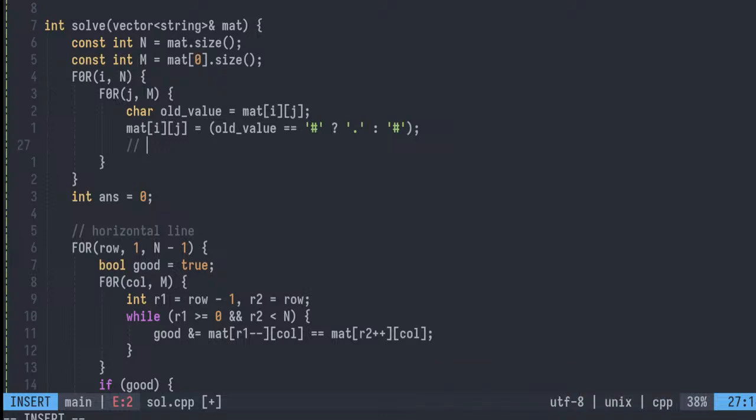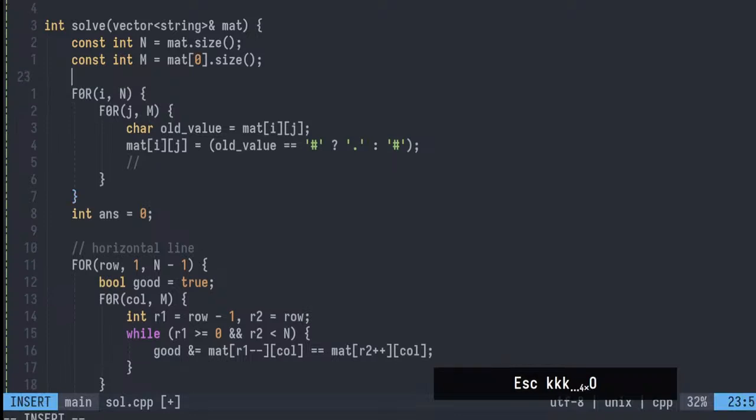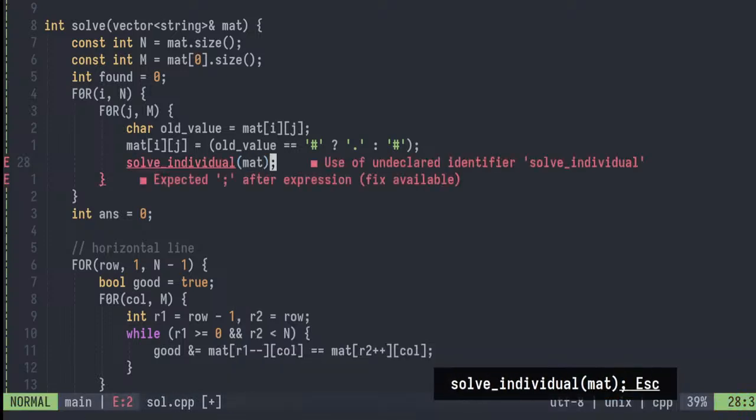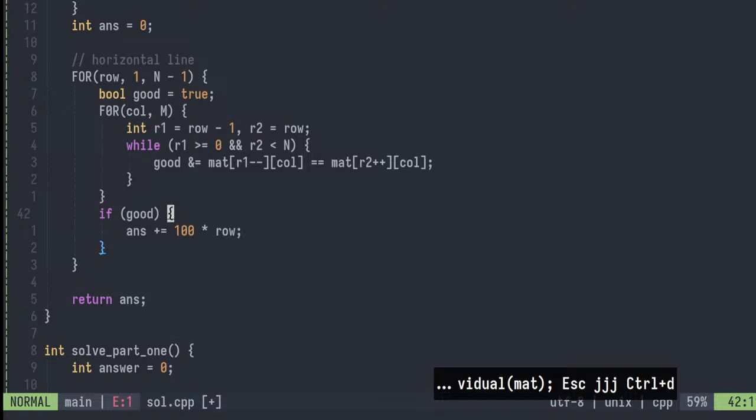So let's say we find it for these many, and let's send it to this function, which will do the same job as this one.